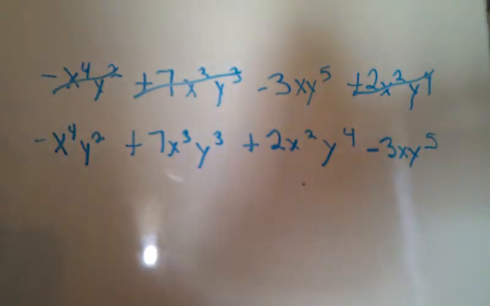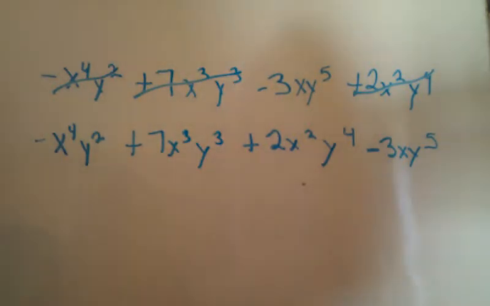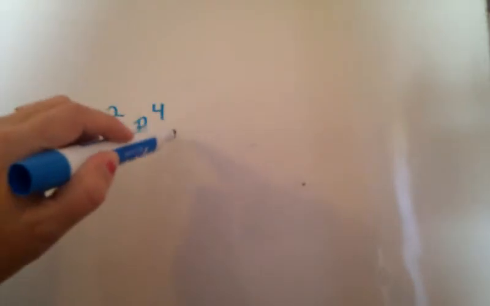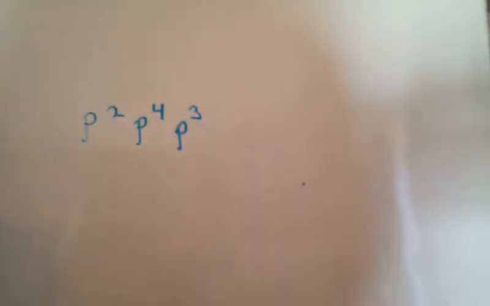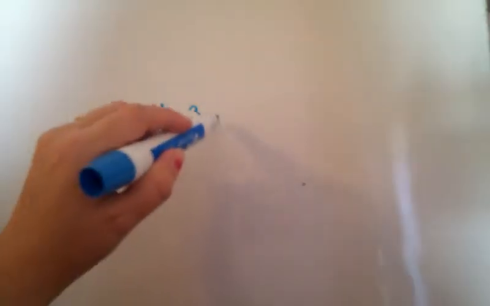Go to number 7. Okay, we have p squared, p to the 4th, p cubed, and p.